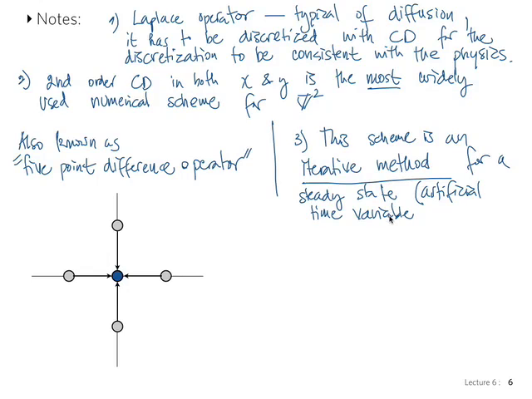So, suppose that in our previous scheme, take, for simplicity, delta x equal delta y, so that we have to write less.